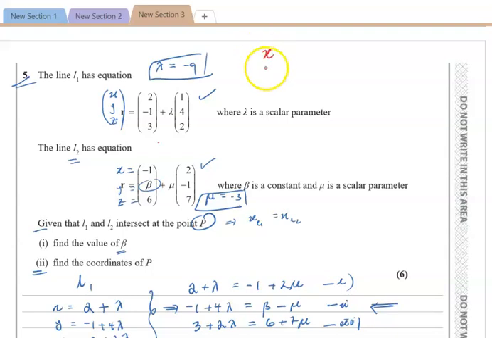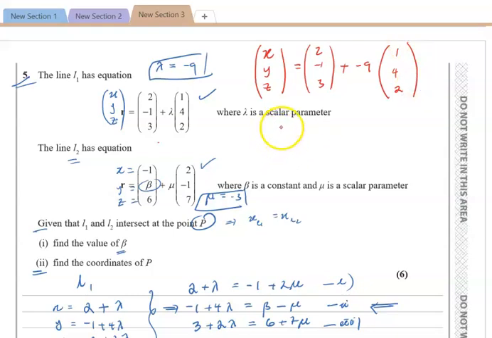So x, y, z, the point of intersection, is equal to 2, minus 1, 3, plus lambda, and your lambda is minus 9, into 1, 4, and 2. So that means your x is 2 plus minus 9, which gives minus 7.